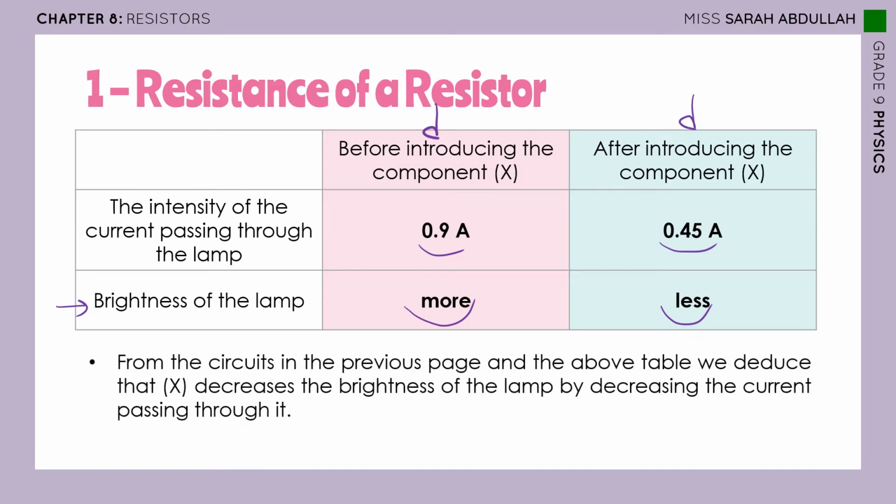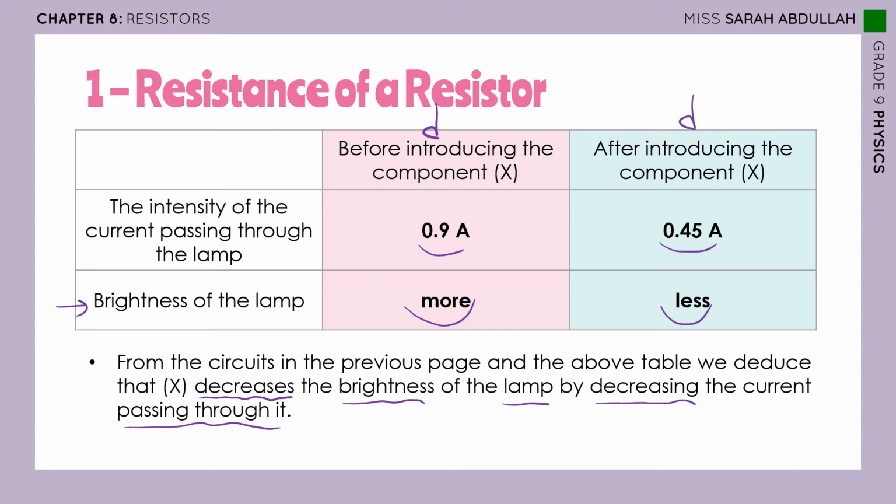So what is the role of this X component in the circuit? From the circuits in the previous page and the above table, we deduce that X decreases the brightness of the lamp by decreasing the current passing through it.